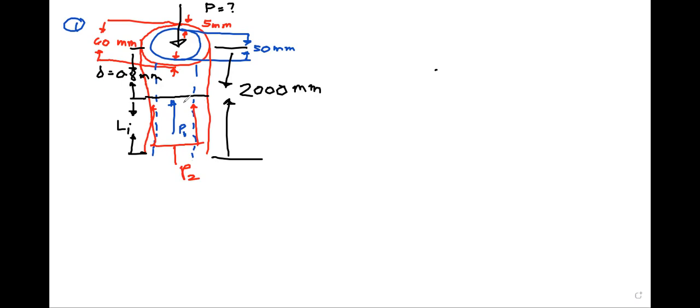Okay? So, from this, here our equations of equilibrium now come in. So, we have here 3 vertical forces. So, let's say that the summation of forces along vertical, all upward is positive, equals 0. So, if all upward is positive, we can say P1 plus P2 minus P equals 0.